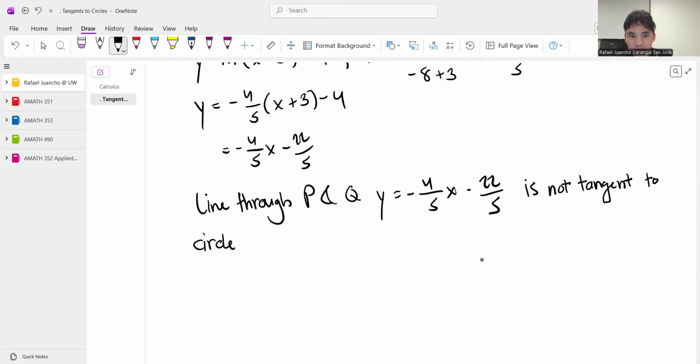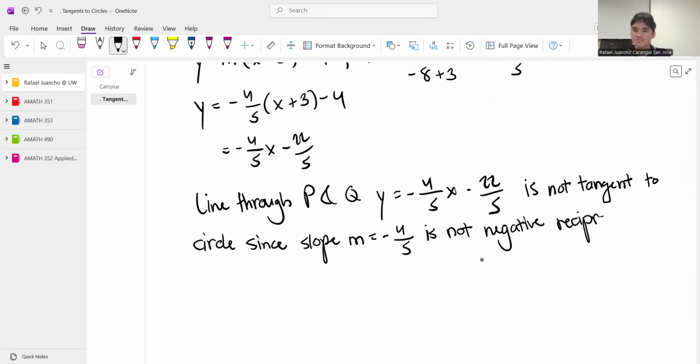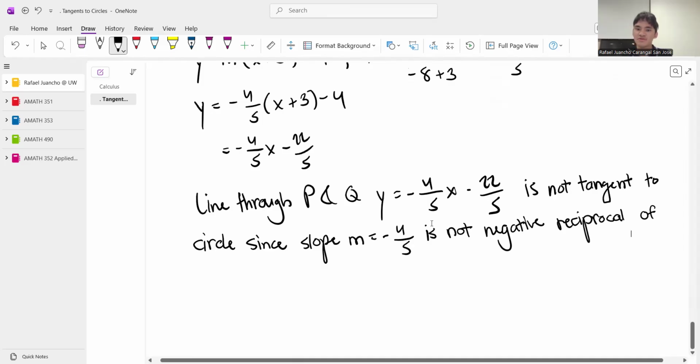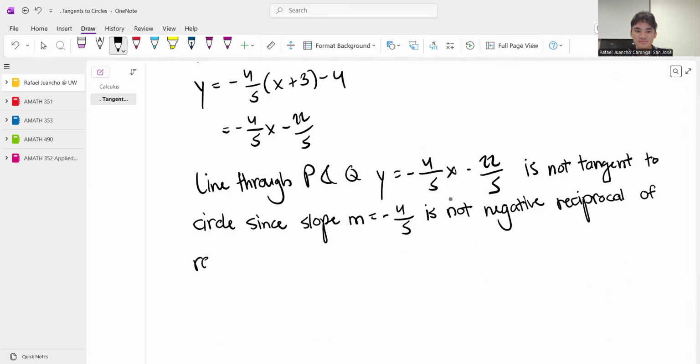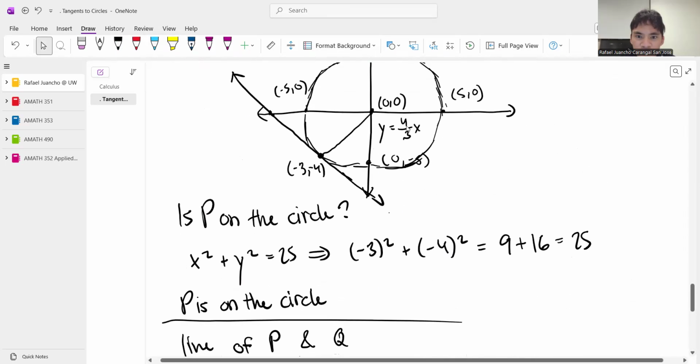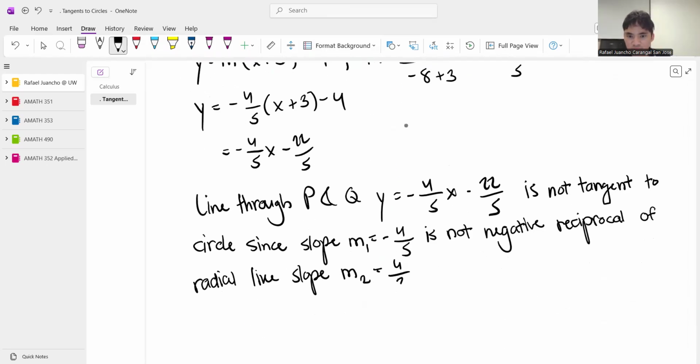And the reason is since the slope of this tangent line, -4 over 5, is not the negative reciprocal of the slope of the radial line, say M1, M2, being 4/3.